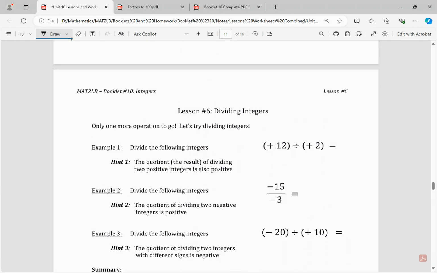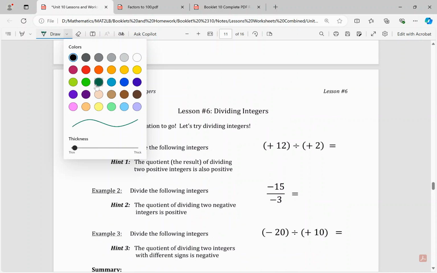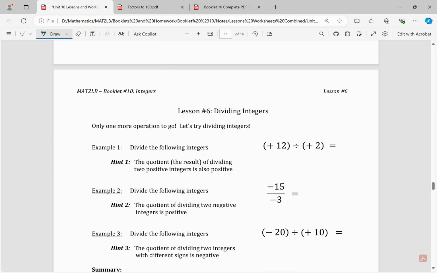As usual, a friendly reminder: not only when multiplying, but when dividing numbers, the rules apply. When you have two positive numbers, you get a positive answer. When you have two negative numbers, you get a positive answer again.